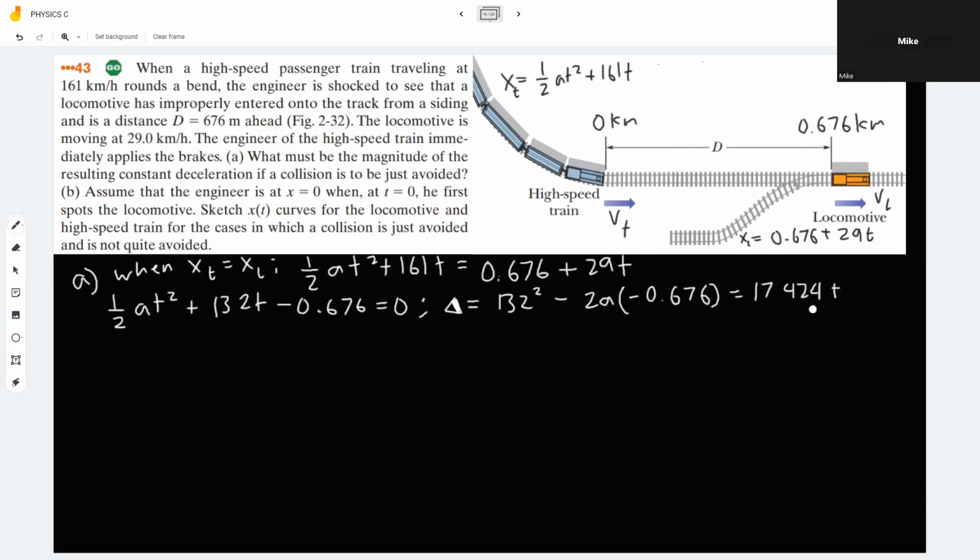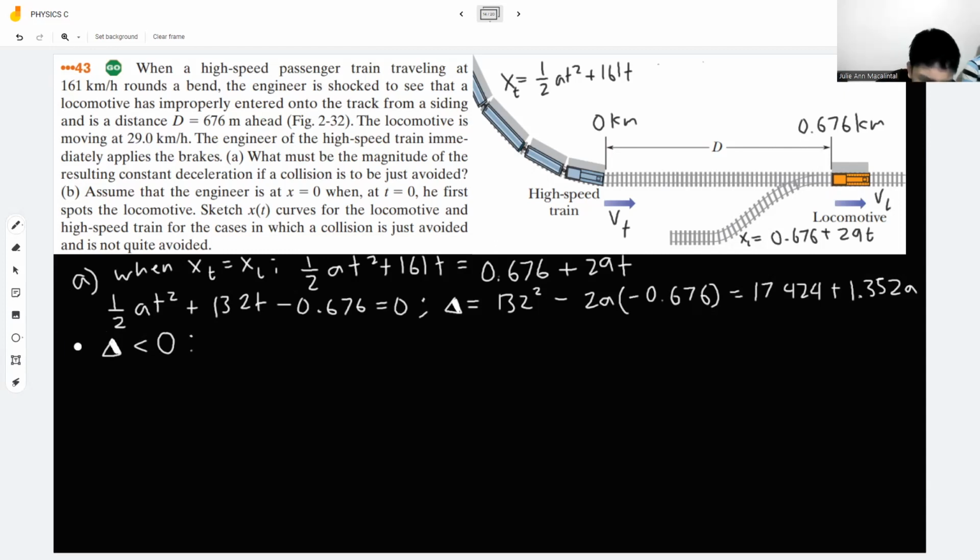So, the discriminant is 132 squared, so 17,424 plus 2 times 0.676, so 1.352 times A. And then we want that... So just avoiding collision is when that is zero. And if the discriminant is negative, no collision. Yes.